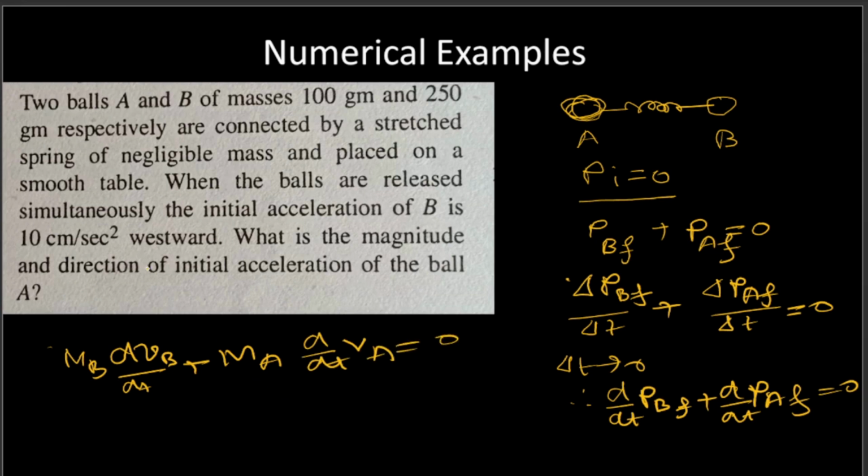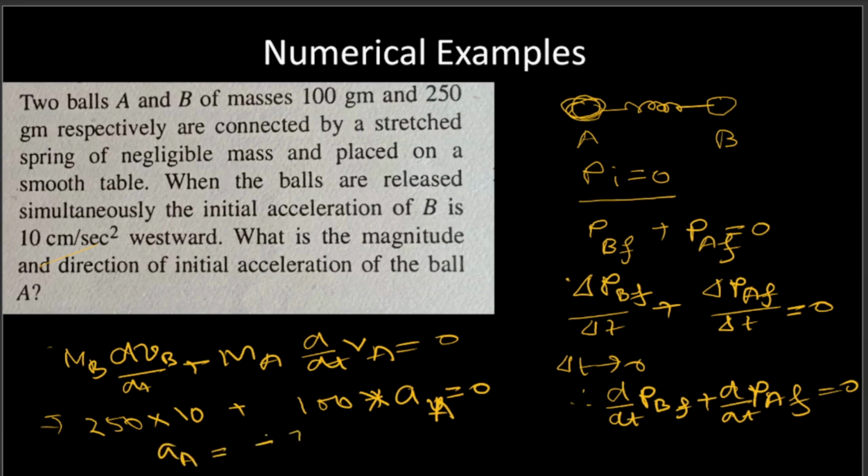Okay. So as you see, the acceleration of B is 10 centimeter per second square here. Okay? So we can write like this: m B, what is m B? m B is 250 and this is multiplied by 10, plus m A is 100, and we want to find out the acceleration, so this is a, capital A. So a of A will be minus 2500 divided by 100.